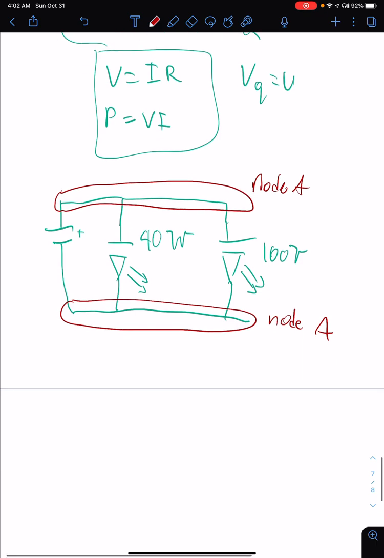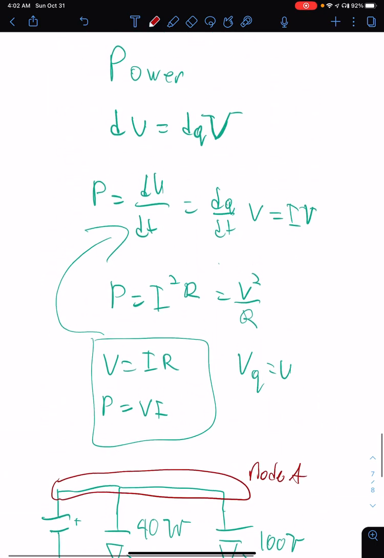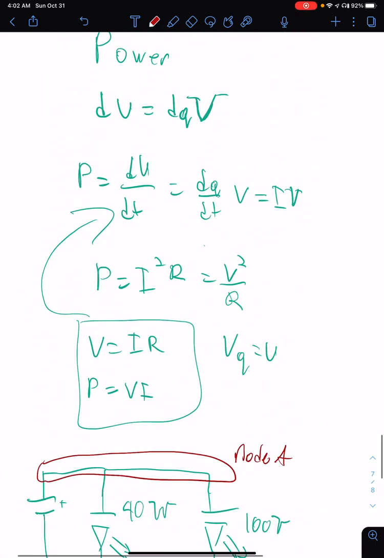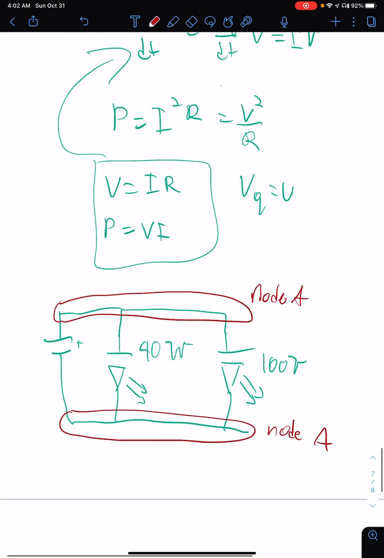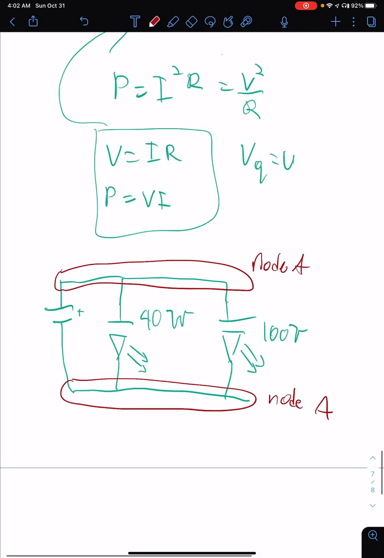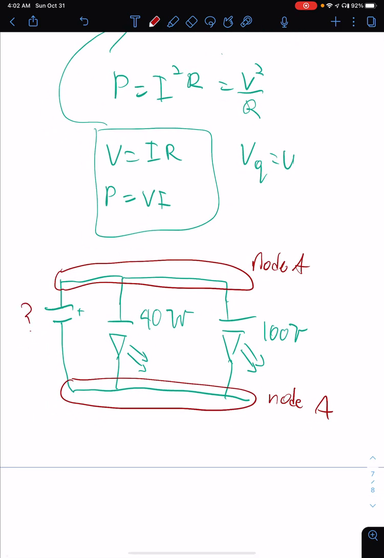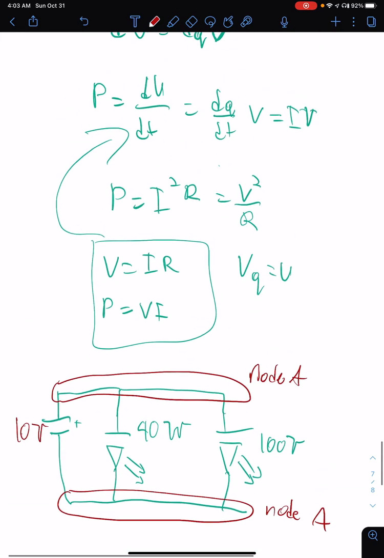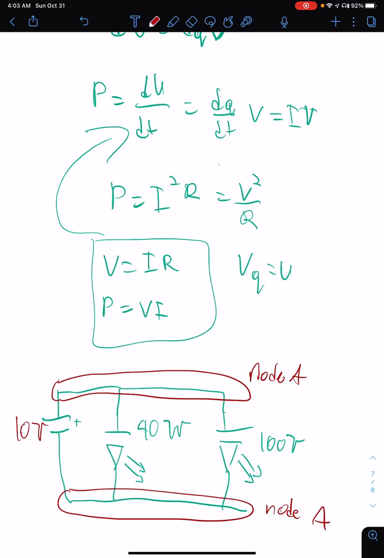So let's look at our top equations up here and determine which one is proper. We have our voltage, and we know our voltage is set. So this is an arbitrary number that we don't have to figure out. For simplification purposes, I'm going to do 10. And so we have voltage and we have power. We don't have resistance.